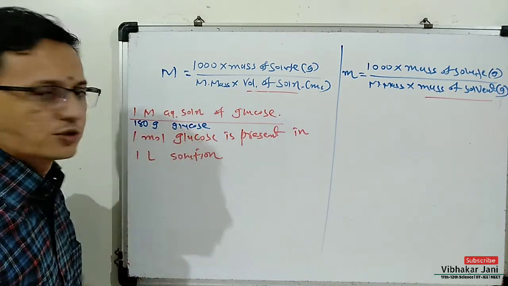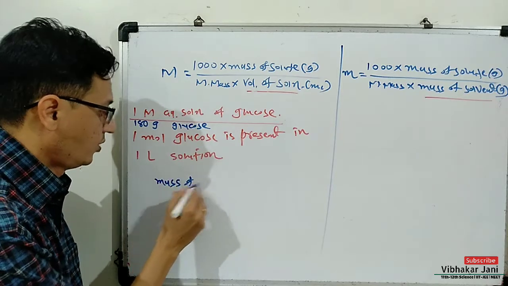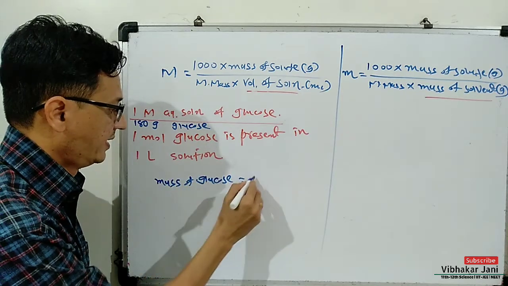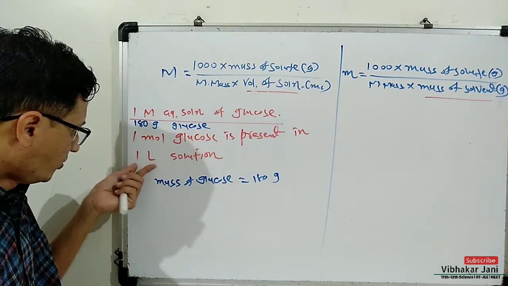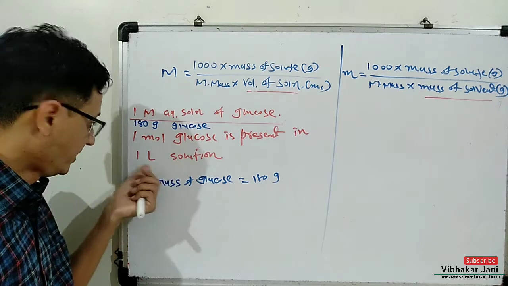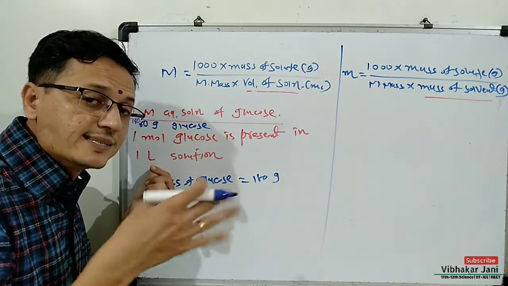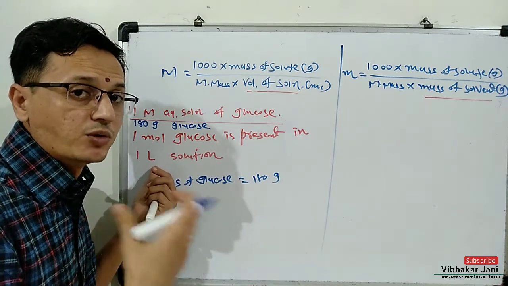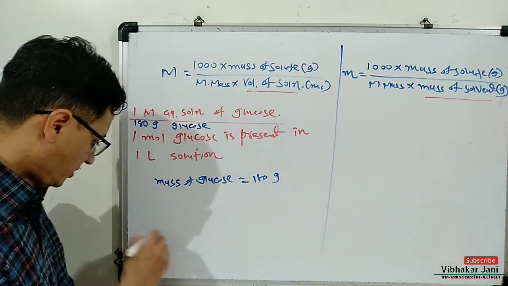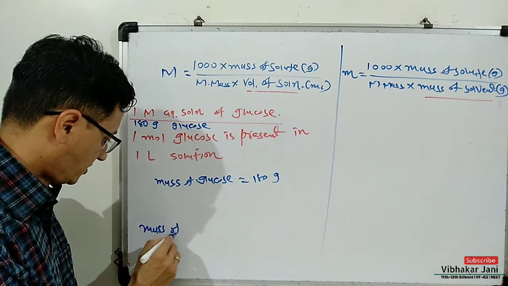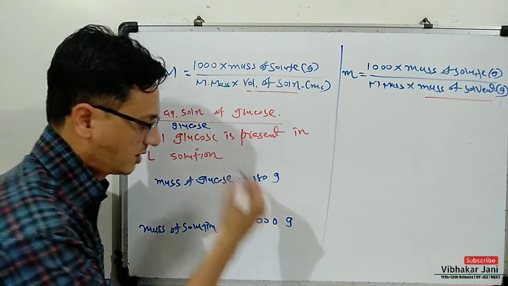Now this is an aqueous solution. That means here the mass of glucose is 180 gram and the volume of solution is 1 liter. Here we have an aqueous solution, and for water the density is 1, therefore its volume will be equal to its mass. So we can consider it 1 kilogram solution. So the mass of solution is equal to 1000 gram.